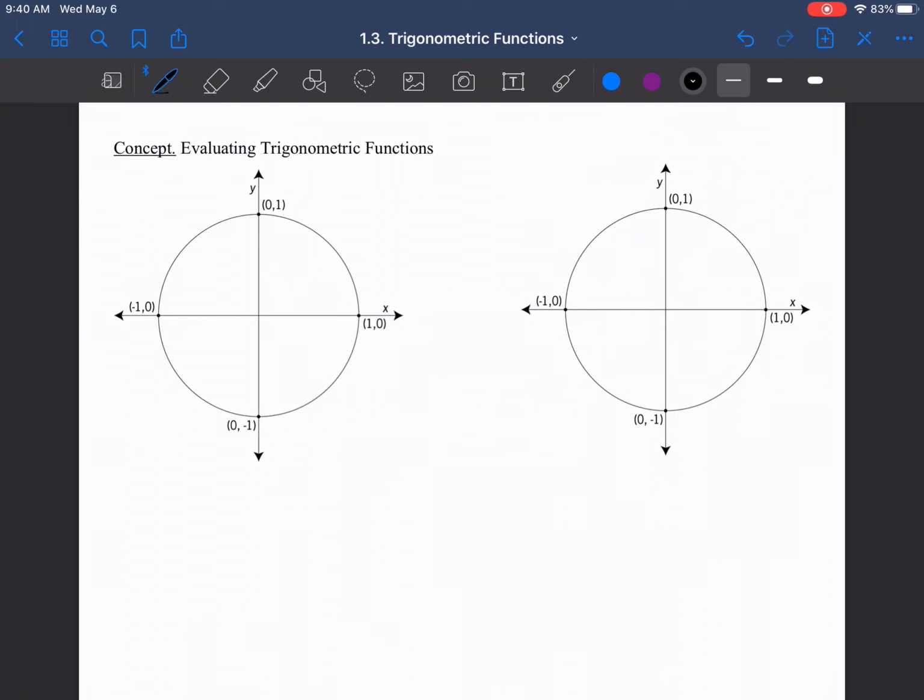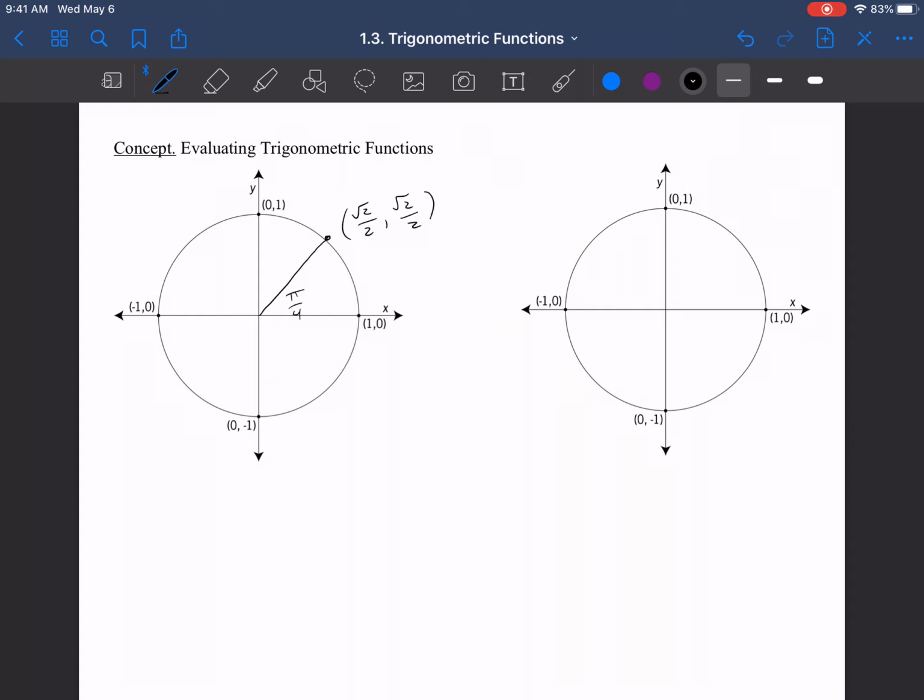All right, next here, concept: evaluating trigonometric functions. So here, basic idea is if you know the unit circle, it can help you. So for example, if I'm looking at pi over 4 angle, then the coordinates there are square root of 2 over 2, square root of 2 over 2.